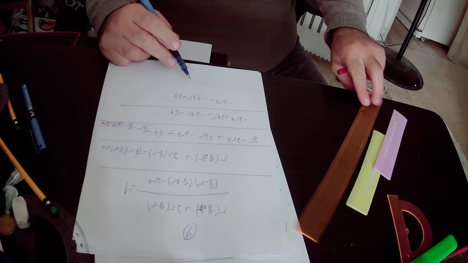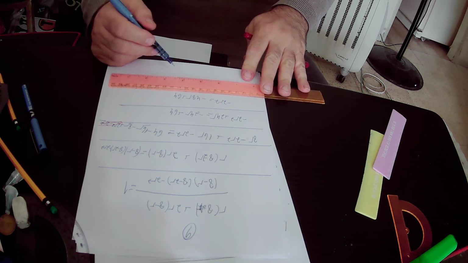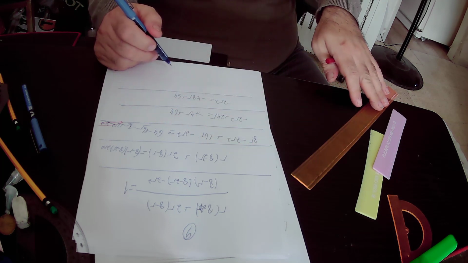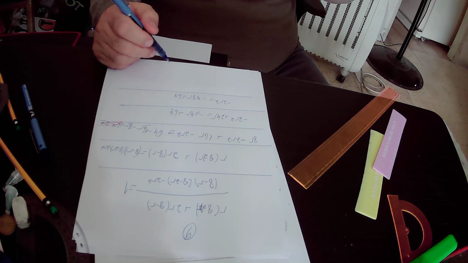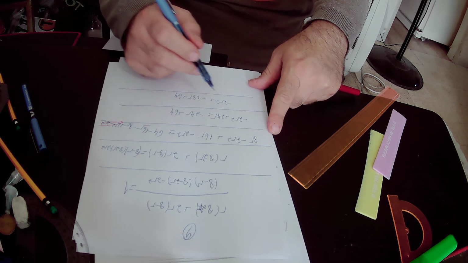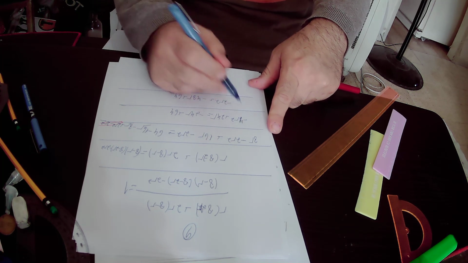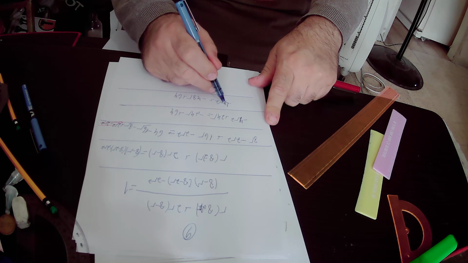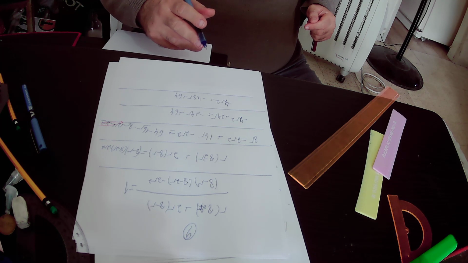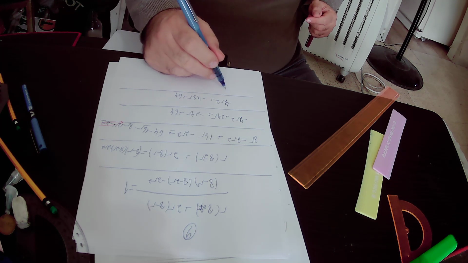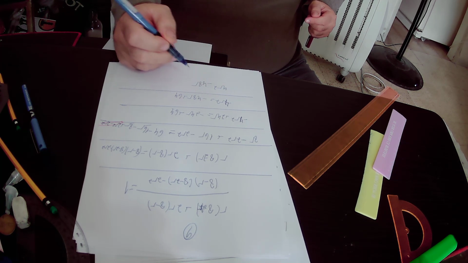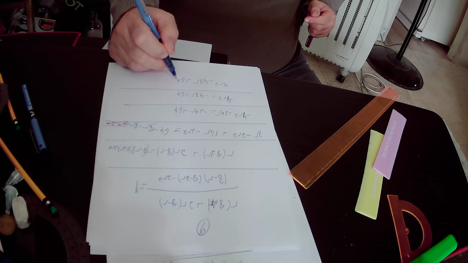We will add to this equality 2r squared, actually here we add minus 2r squared is minus 4r squared, and here it will be also minus 4r squared. So here we will add minus 4r squared to this equality, and we will get that 4r squared minus 48r plus 64 equals to 0.